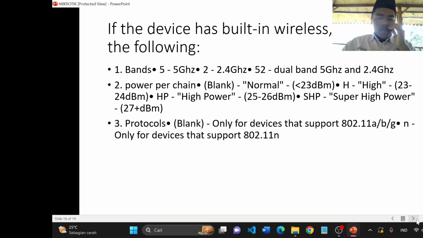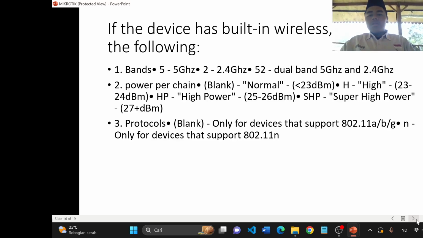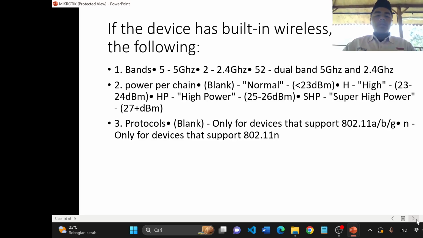Power per chain: blank is normal, 23 dBm; H is high, 23 until 24 dBm; HP is high power, 25 until 26 dBm; SHP is super high power, 26 plus dBm. 3.